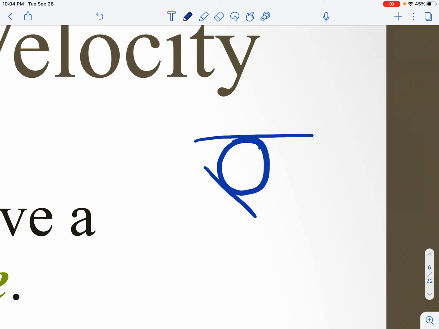So there is a math vocabulary word for this line, and it is called a tangent line. So the tangent line represents the line that touches our circle in only one location. So it's got to be on the edge of the circle. You can't draw it through the middle of the circle.